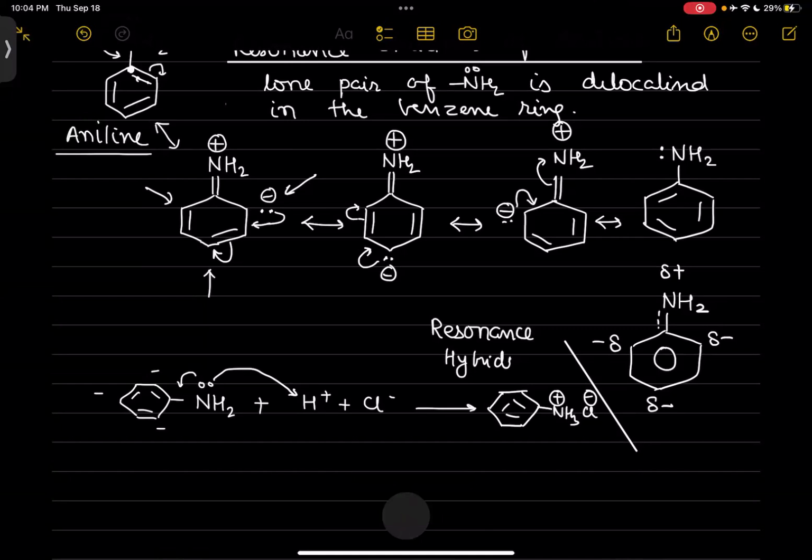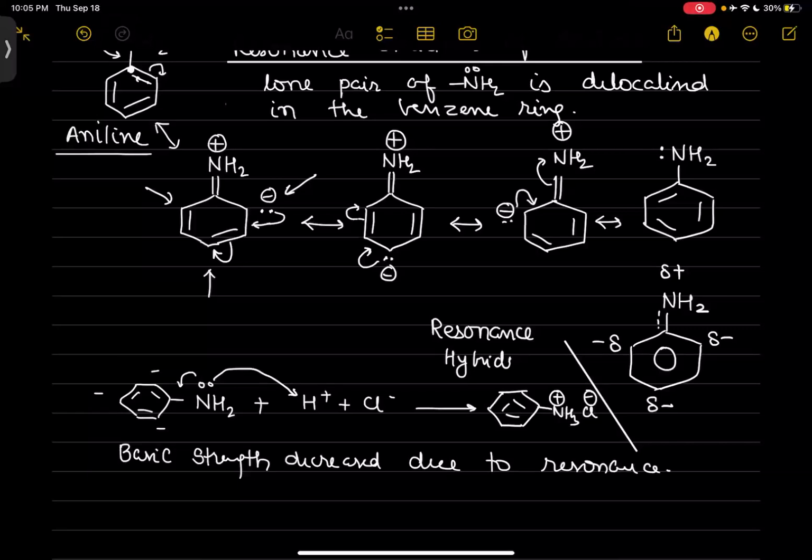Understood or not? Basic strength has decreased due to resonance.